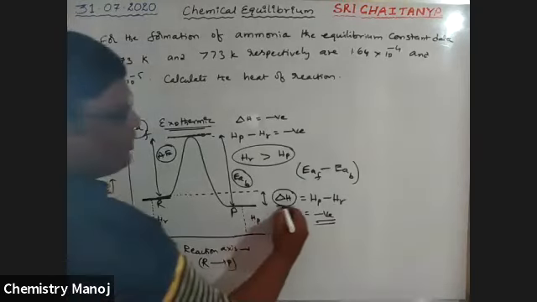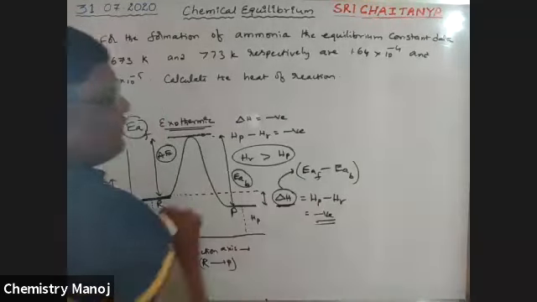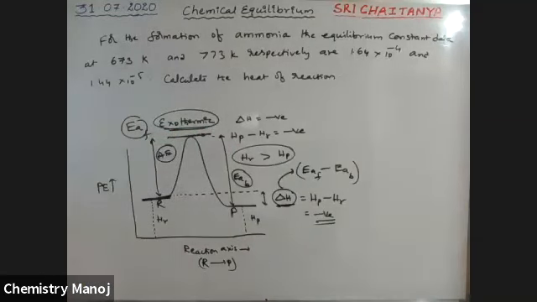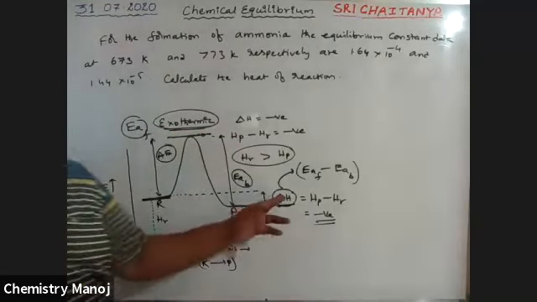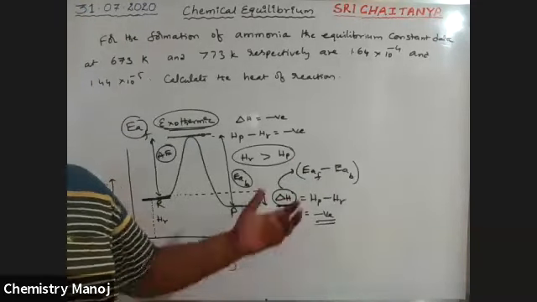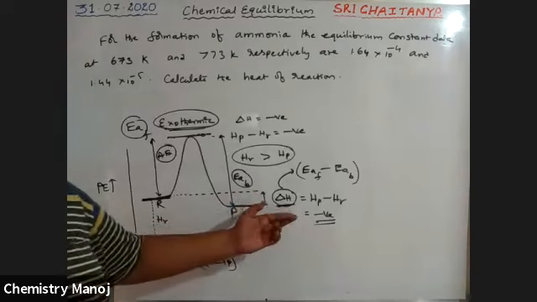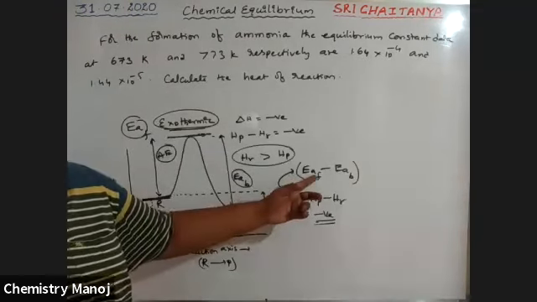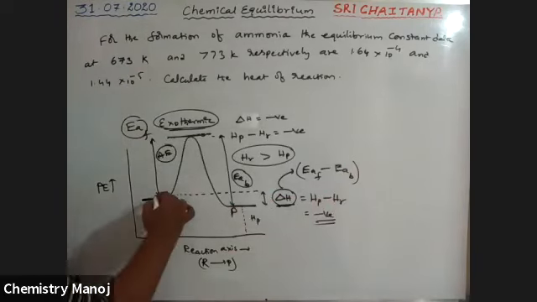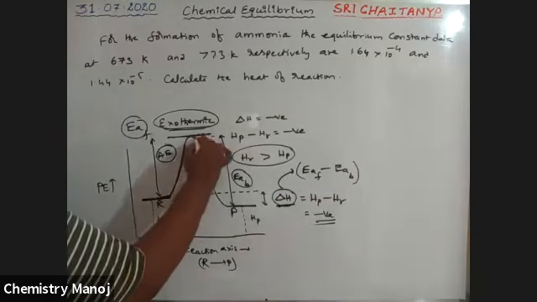This is in the case of an exothermic reaction. Whenever delta H appears in your problems, or you are asked how much the activation energy is, some problems are like this. Whenever the delta H term is used, it is activation energy of forward direction minus activation energy of backward reaction, the energy required to convert reactants into products.